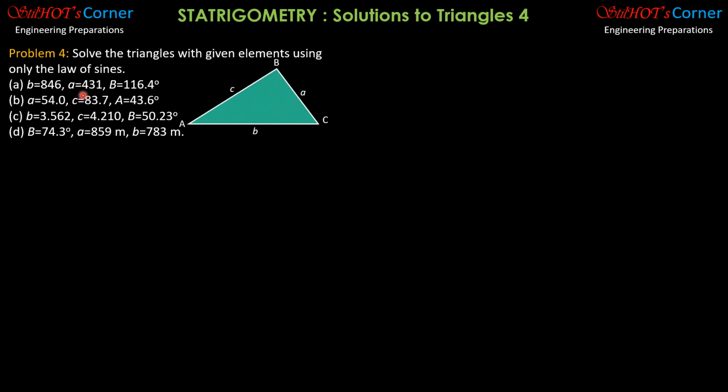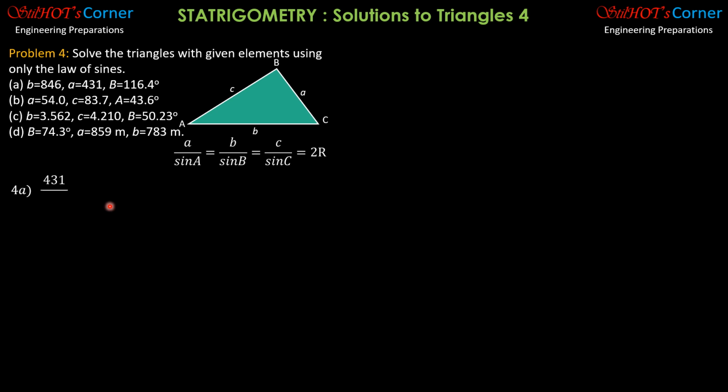431 over sine angle A equals 846 over sine 116.4 degrees. This is the guide formula by sine law.